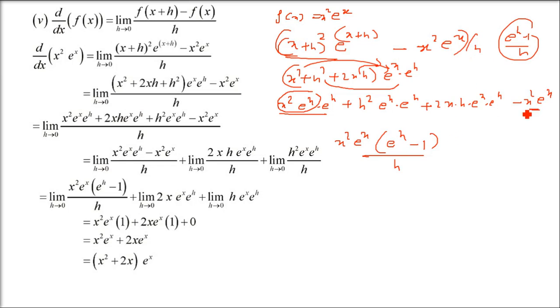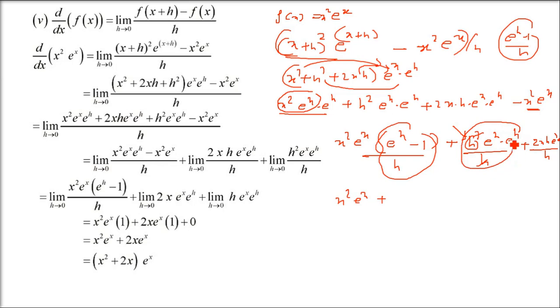Now what all else is remaining? This h square e raise x e raise h, and you have h here, so you can cancel h. Then you have 2xh e raise x e raise h. So this is 1. When you apply the limit, x square e raise x will remain. Here h and h gets cancelled, but since h is there, limit h tends to 0, so this whole is going to be 0. h gets cancelled, 2x e raise x e raise h.